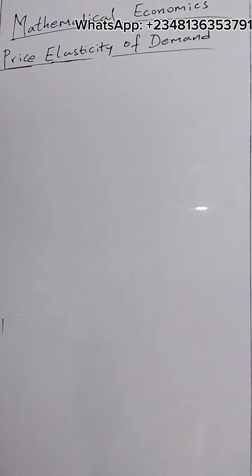The law of demand states that the higher the price of a commodity, the lower the quantity demanded, and the lower the price of the commodity, the higher the quantity demanded. So summarily, that tells you that the quantity demanded of a commodity responds to changes in the price of that commodity.